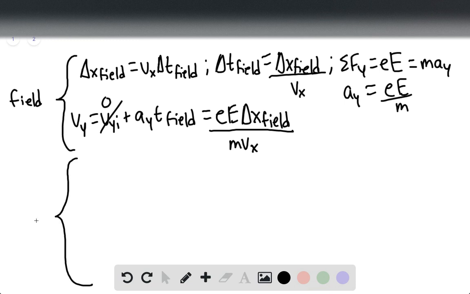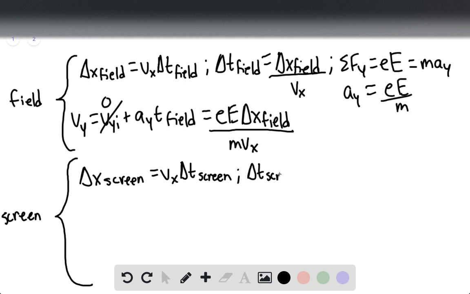So this section will be our screen. And we have that delta x of the screen equals v_x times delta t of the screen. So again, we know that delta t of the screen is going to be equal to delta x of the screen divided by v_x.